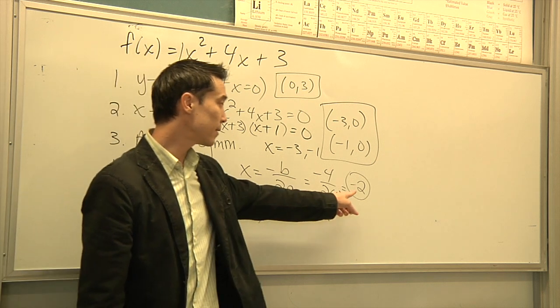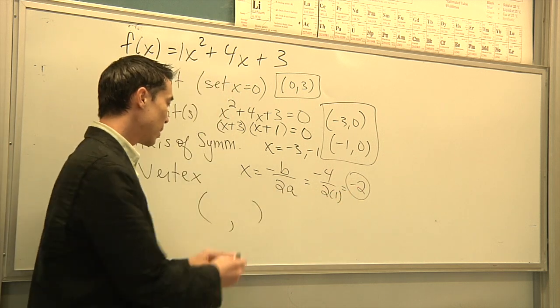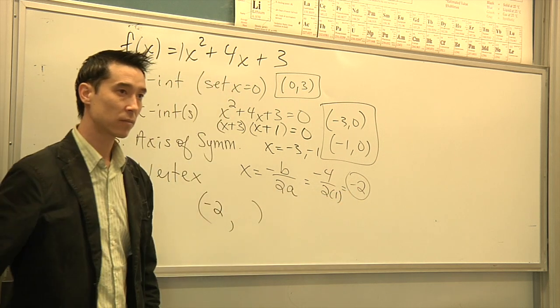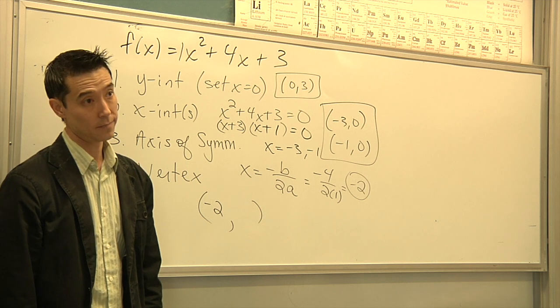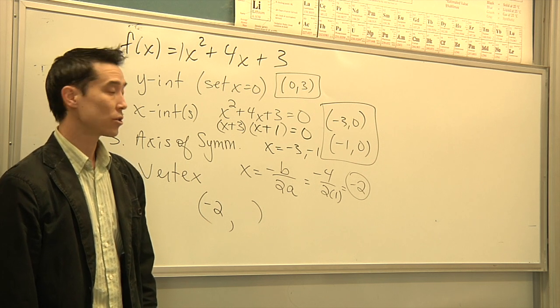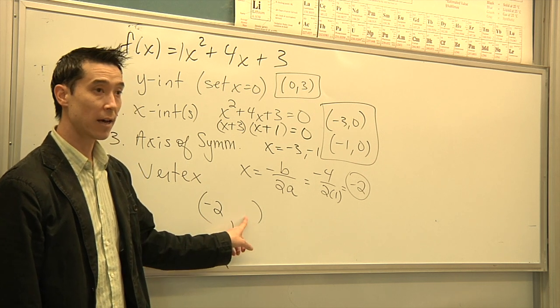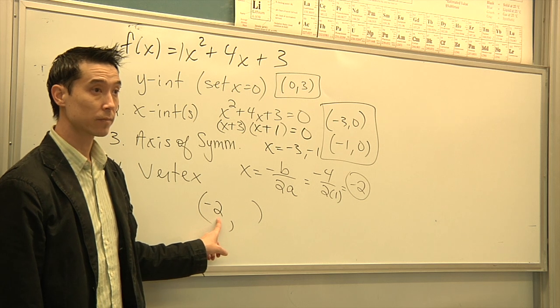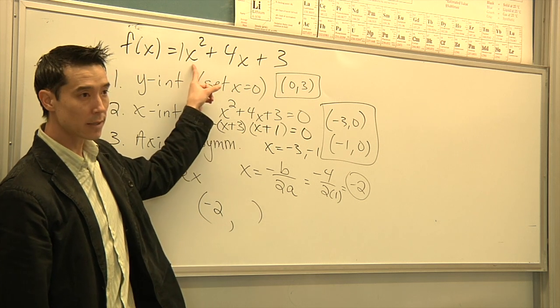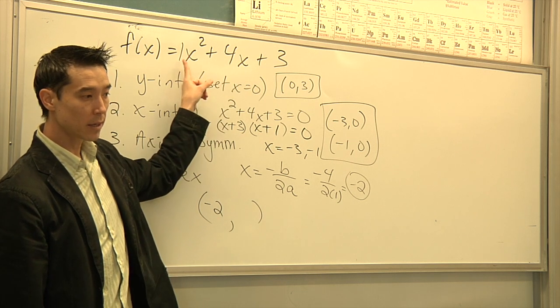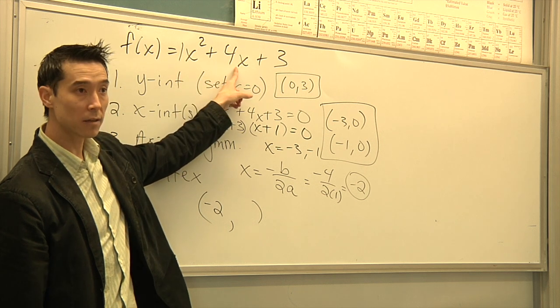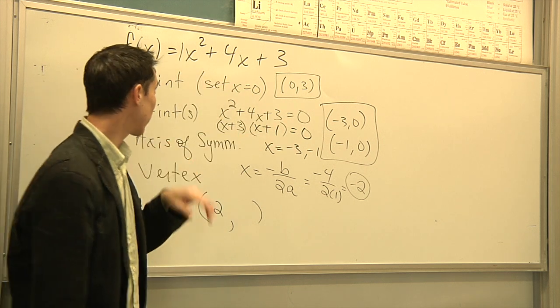So you can go ahead and take this x value here, -2, and put it right here for my vertex. Has to have the same x value. Now the question is, how do I get the y value or the f value? What do I do with this -2? Plug it in, sure. So you guys go ahead and plug that in for me. Plug it in here in this x squared and plug it in here in this x. Add that up and tell me what you get.